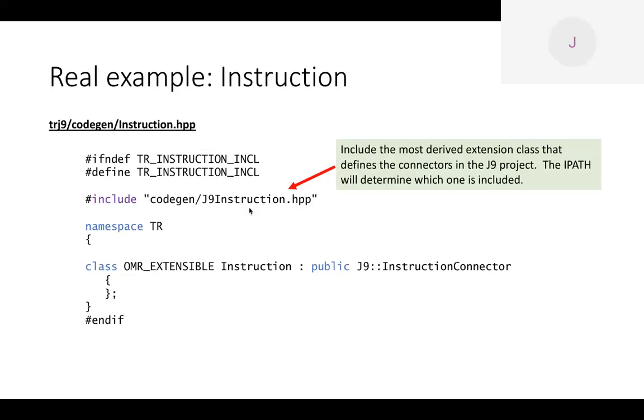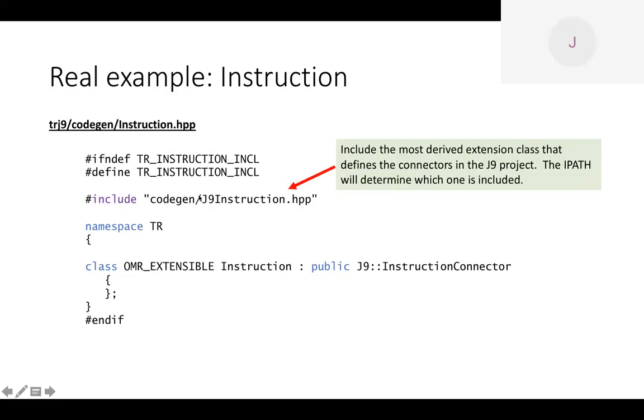The way that this actually works is that because this particular implementation lives in TRJ9, it has to include the J9 instruction.hpp. There would also be a similar one in the OMR cogen instruction.hpp, but it would include cogen OMR instruction.hpp.